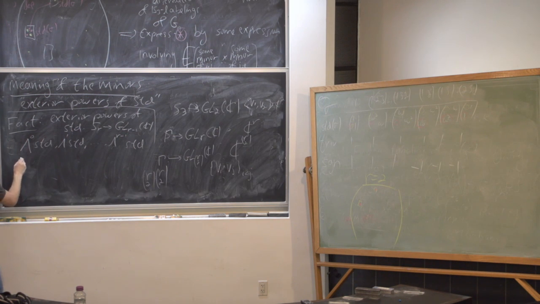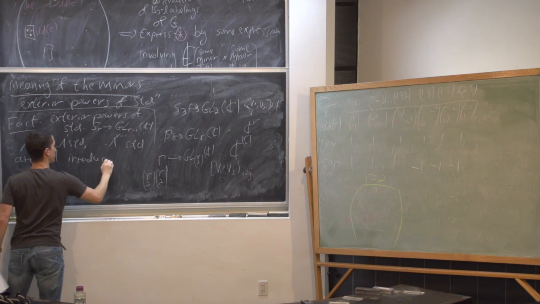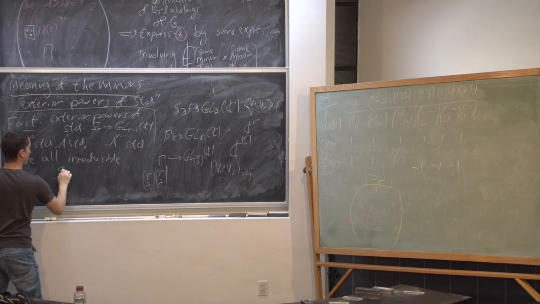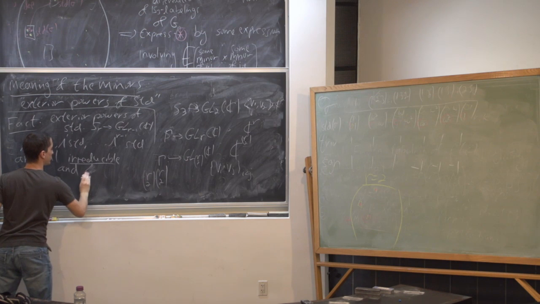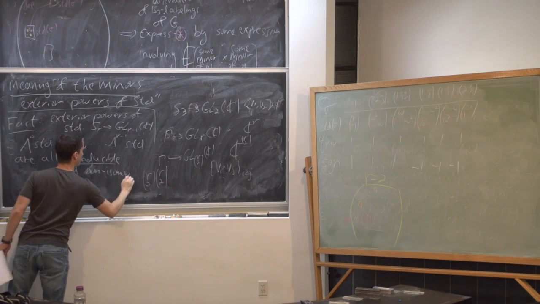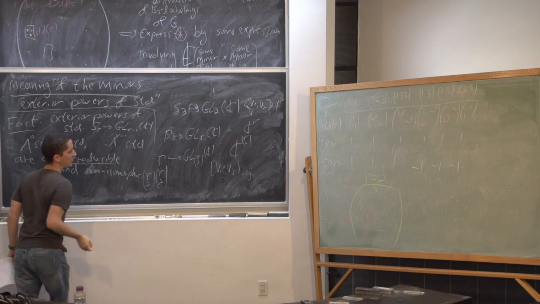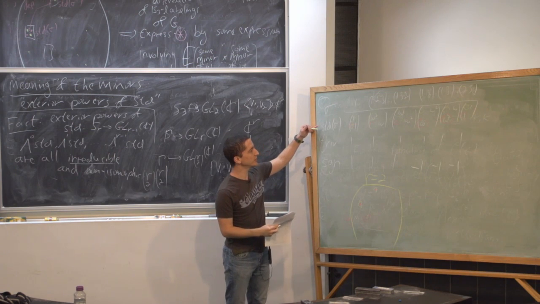These are all irreducible representations, different and non-isomorphic.